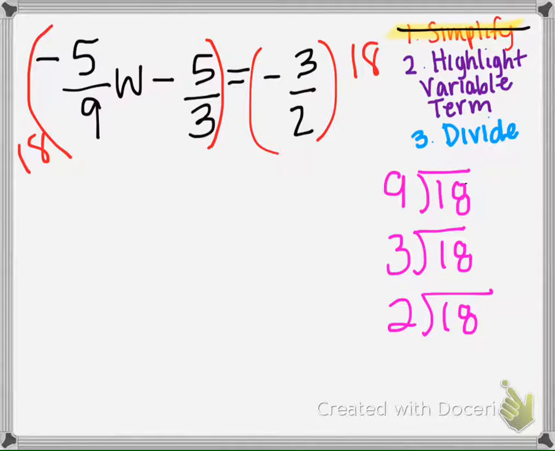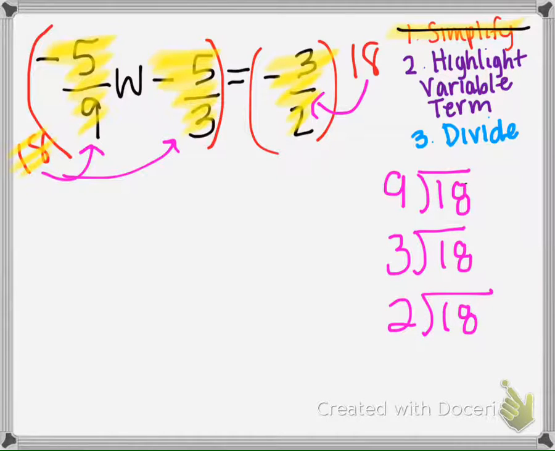Okay, so I need to distribute this 18 to the -5/9, to the -5/3, and I need to distribute this 18 to this -3/2. Now, as we showed in class, there's a trick.